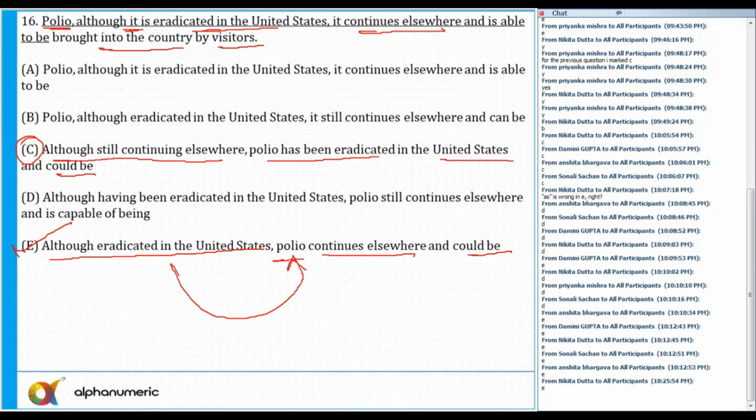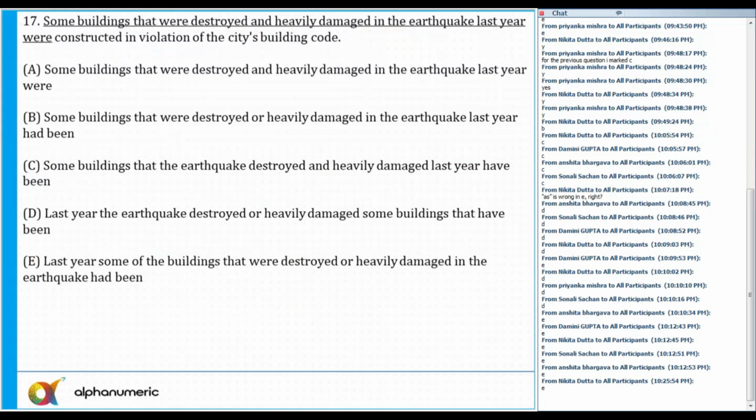Question number 17. If this is clear, let's come to 17. Some buildings that were destroyed and heavily damaged in the earthquake last year were constructed in violation of the city's building code.